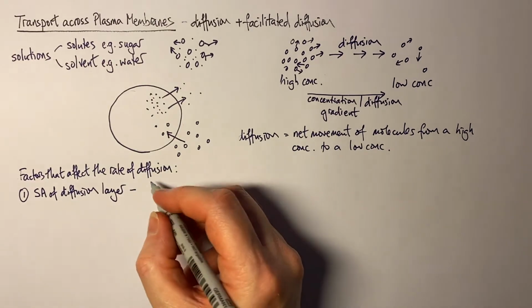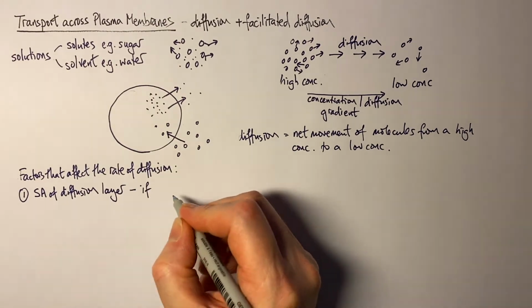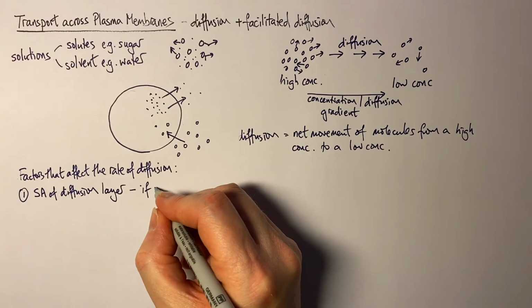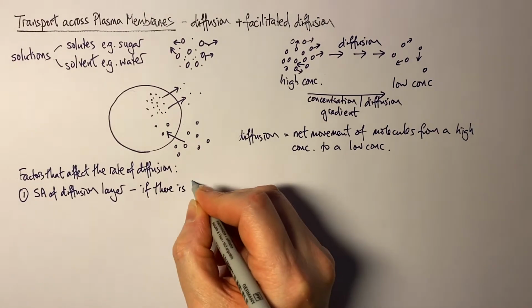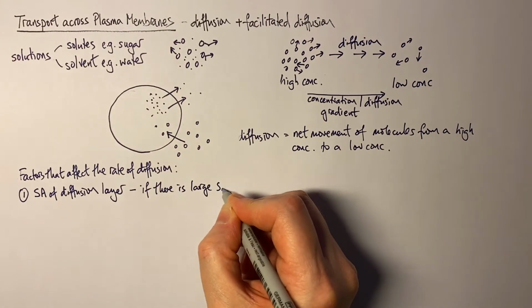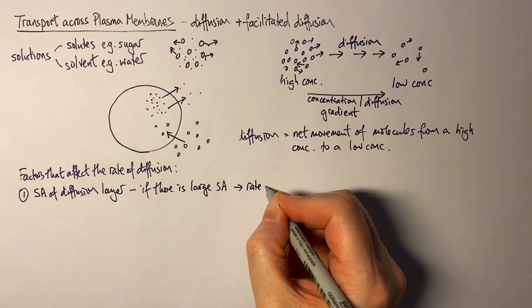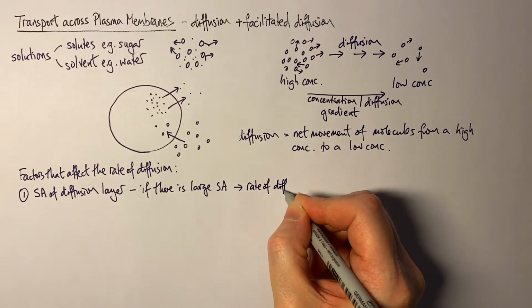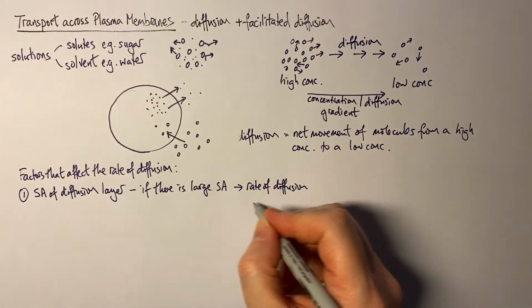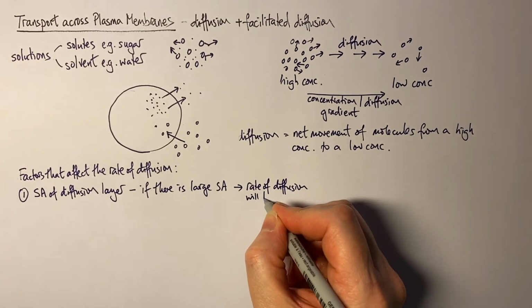So basically, if there is a large surface area, the rate of diffusion will be higher.